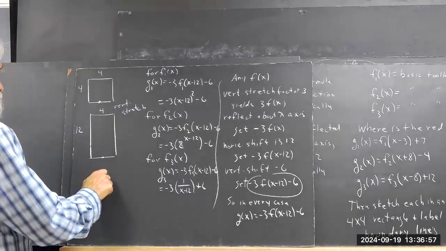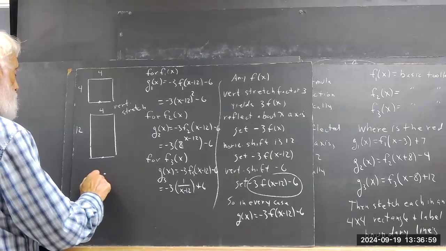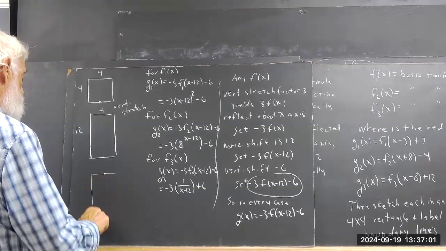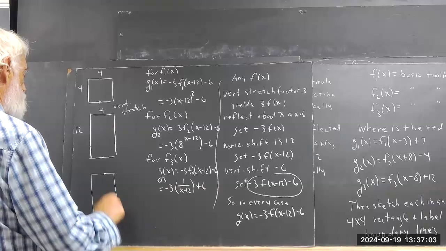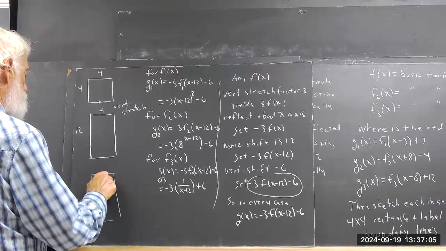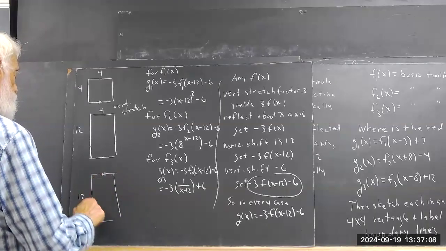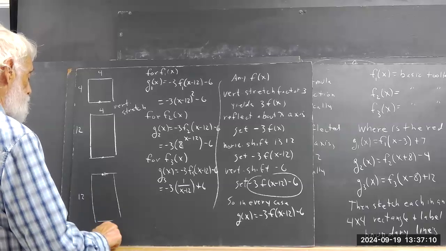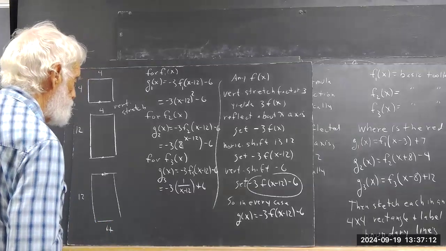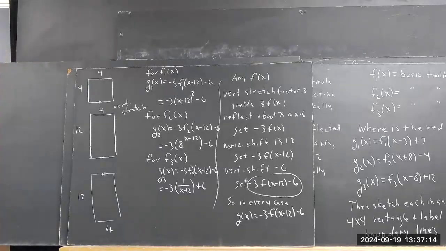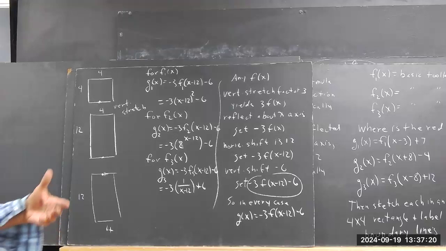Then a reflection. Well, here, but over here, now it's upside down. Okay, well now, after we've done our vertical stretch, we can sketch our graph.